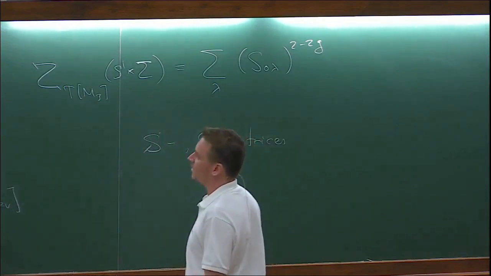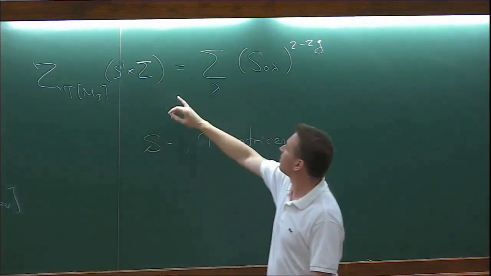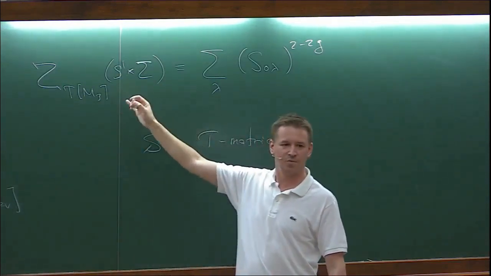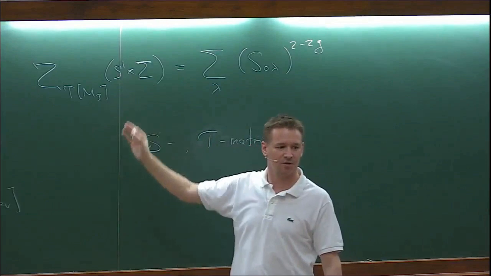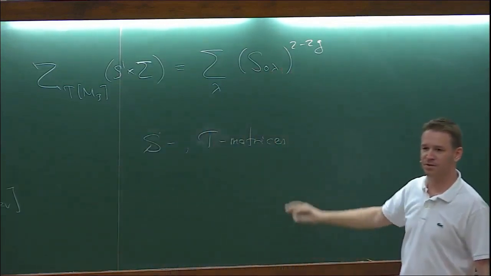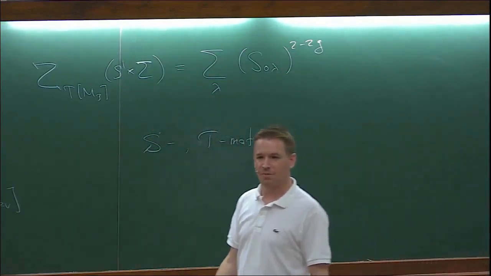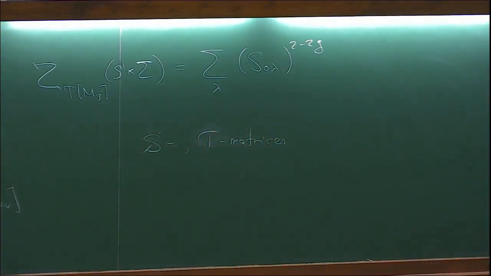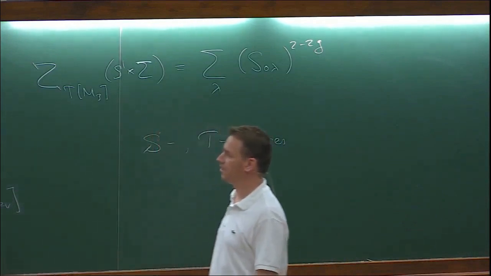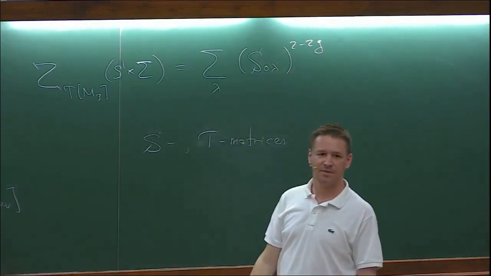And in particular, if you know S and T matrices, then you can compute partition functions on S1 cross sigma, or slightly more general fibrations of S1 over sigma. And they can be expressed as various traces on sums of matrix elements of S and T. So basically, the statement is that given a three-manifold, or in fact, more generally, any three-dimensional N equals 2 theory, there is such a modular tensor category, and it gives you S and T matrices.